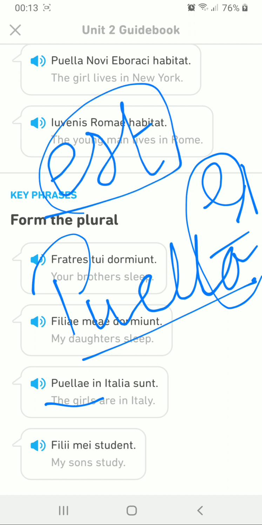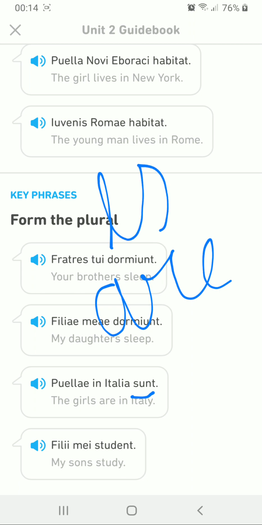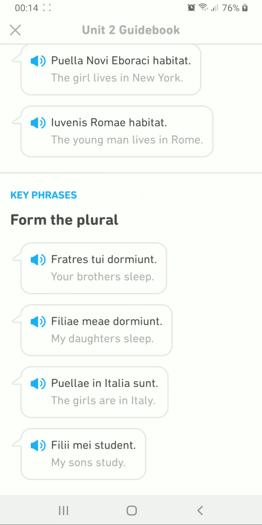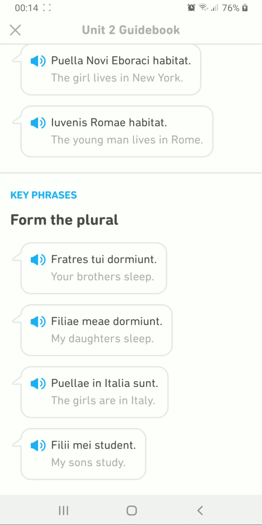But because it's plural, so are instead of is, it's going to be sunt in Latin. So they are. Puellae in Italia sunt. Filii mei student.